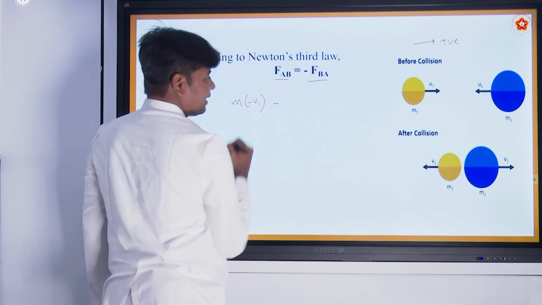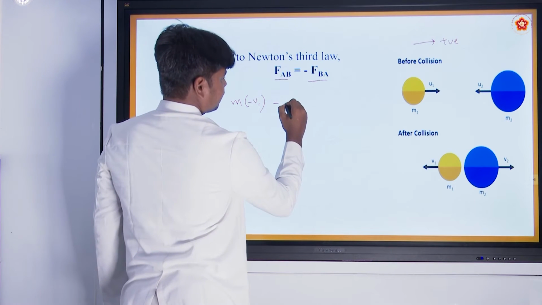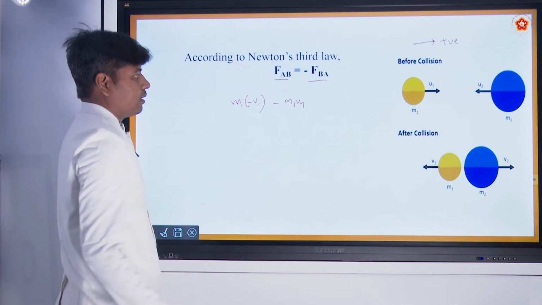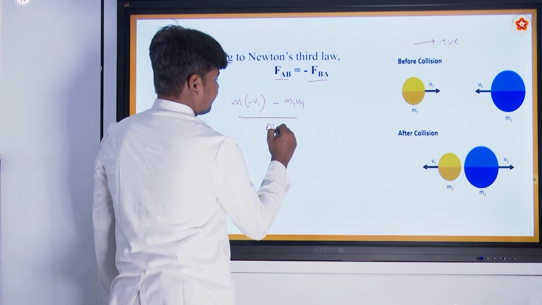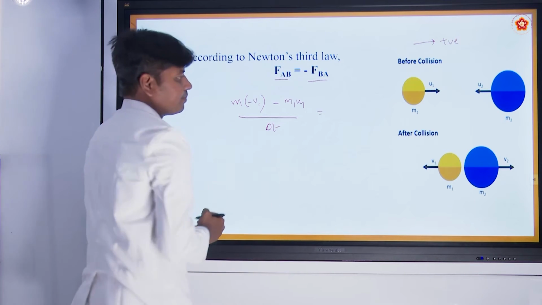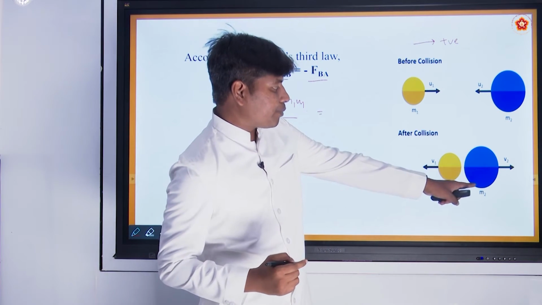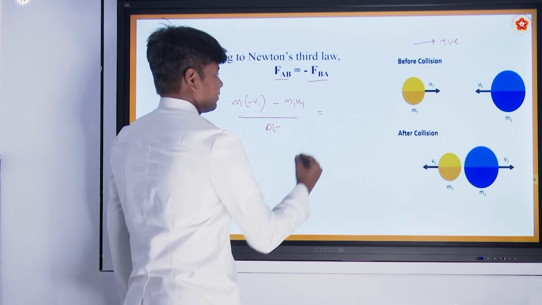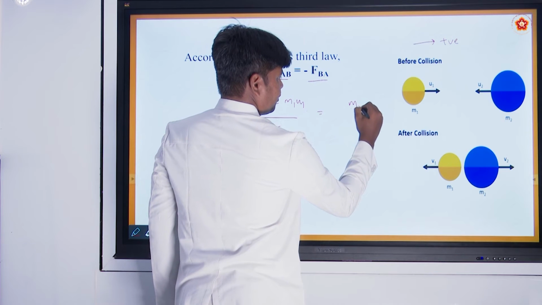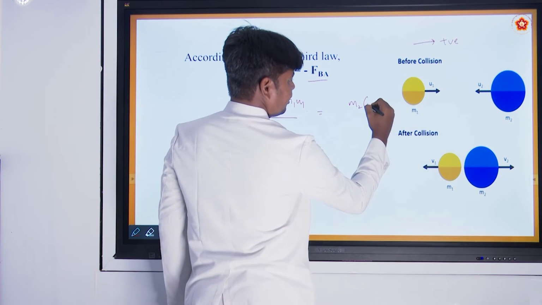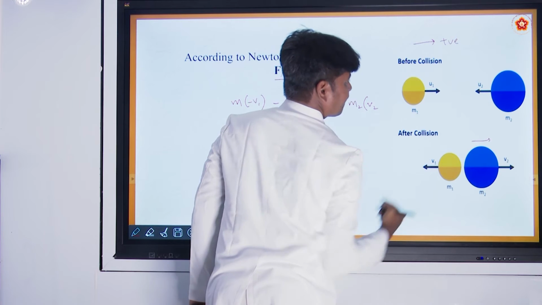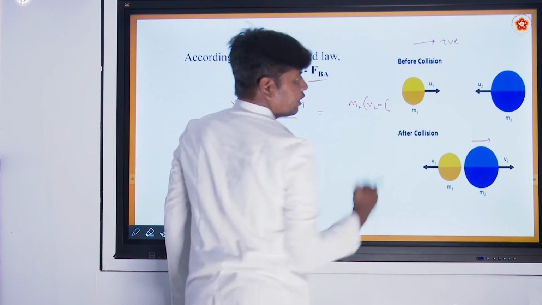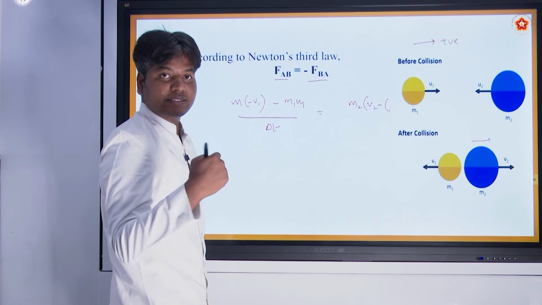Final momentum minus what is initial momentum? m1 u1, okay, divided by some delta t time, is equal to the change in momentum of m2, final velocity v2 because it is in the positive direction, minus of, because here u2 is in the negative direction, right?